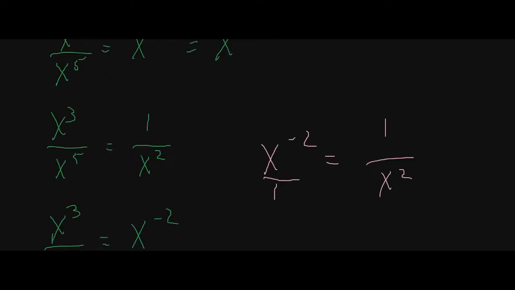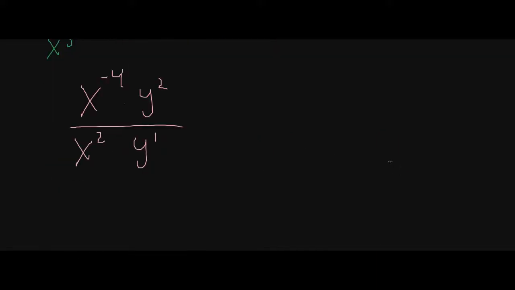So, for example, if I have a problem like this, let's say we have x to the negative 4 times y to the second divided by x squared times y to the first. Well, x to the negative 2 is the same as 1 over x squared, so x to the negative 4 is the same thing as 1 over x to the fourth.